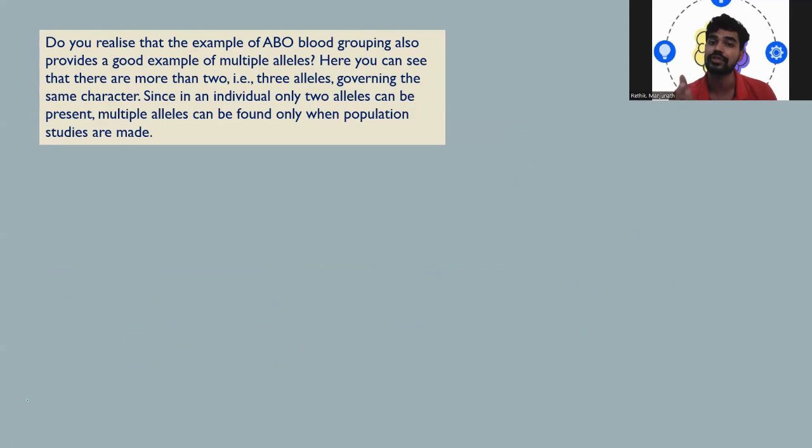Since an individual will have only two alleles, if we want to know the multiple alleles, that can be found when a population survey is done.